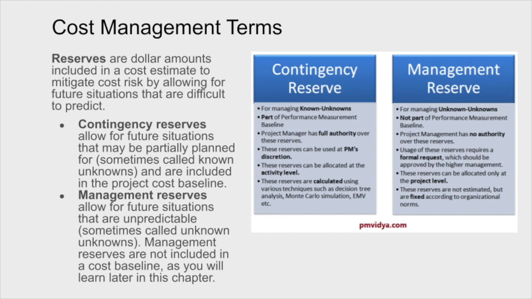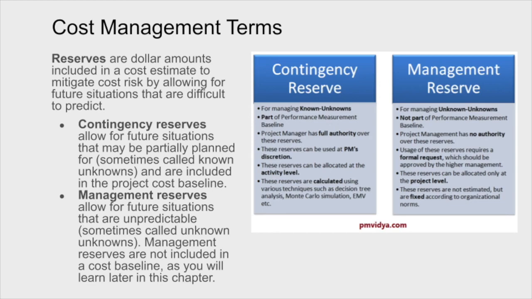For example, we needed to add an extra set of steps that no one thought about. Usually, for a building, a contingency reserve will be in place to pay for things like that, so we don't end up going over budget. Usually it's a percentage of the total project cost. The good thing about contingency reserves is that they're pretty well predictable, and we know that they're probably going to come up. It's reasonable to estimate them.